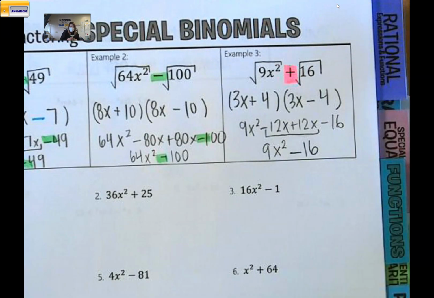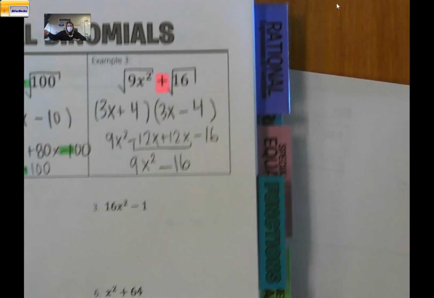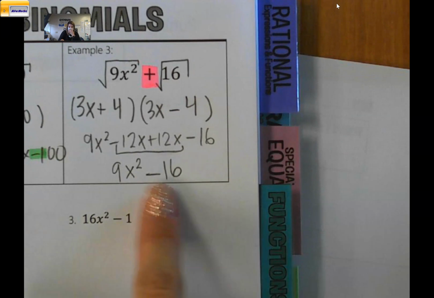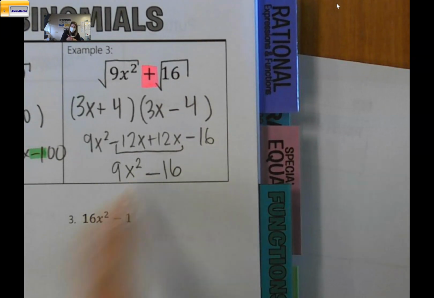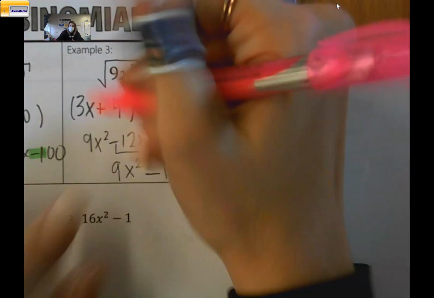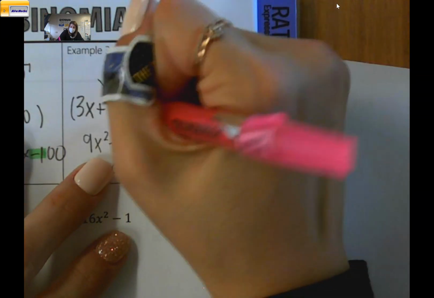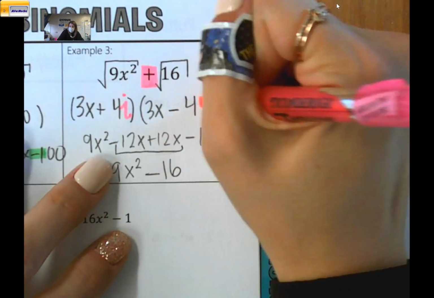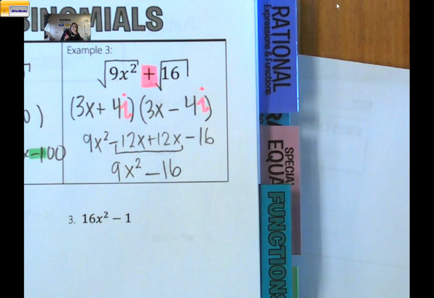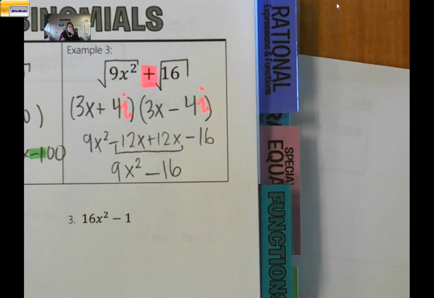So the way to fix that, because we did do the process right, the way to fix that down here, where we have a minus instead of a plus, is we need to put an imaginary number on 4. So we need to put i. i stands for an imaginary number.